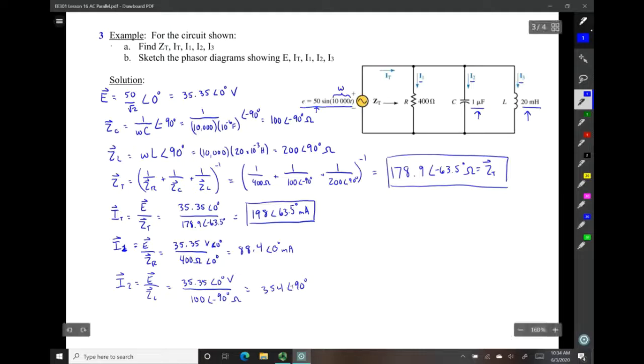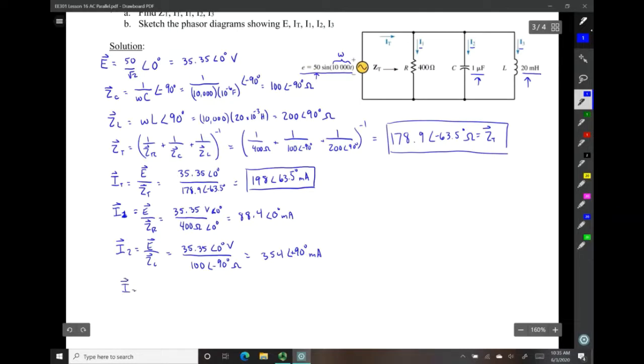The sign has flipped, and this shows our current as leading, right? Current leads for the capacitor. That gives us 354 milliamps with a positive phase angle, which is positive 90 degrees, right? The sign flips when we complete that division.